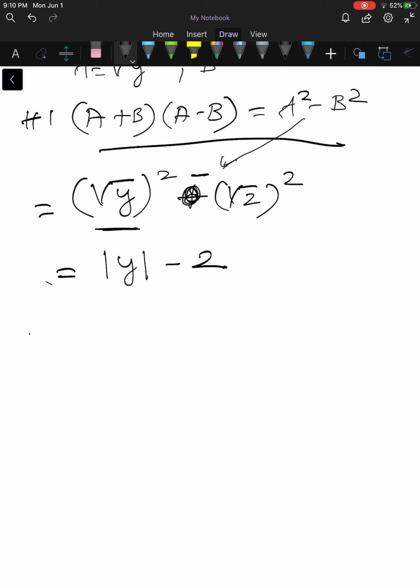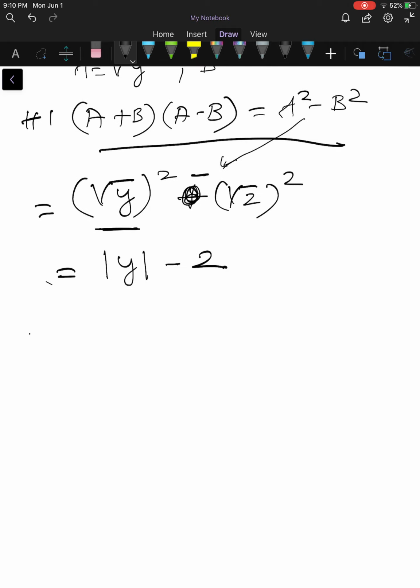Let me do another tougher one where each term is a binomial individually, or at least one term is a binomial. This is problem number 58 in your book. I have allotted all odd number problems as homework, and I'm trying to give examples by working out the even numbered problems.